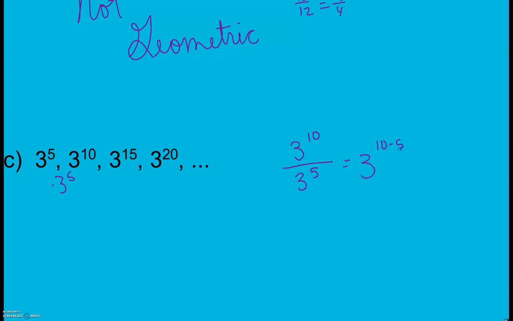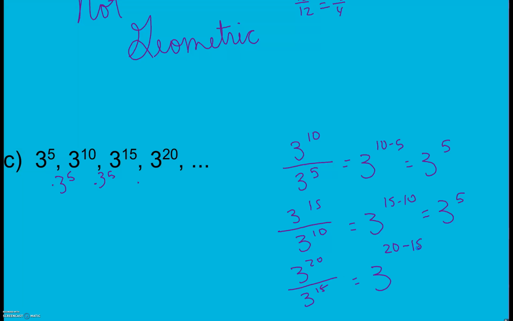I take 10 minus 5 and get 3 to the 5th power. 3 to the 15th over 3 to the 10th, same idea, I keep my base and I subtract my exponents, 3 to the 5th power. 3 to the 20th divided by 3 to the 15th, keep my base, subtract my exponents, I get 3 to the 5th. So each time I multiplied by 3 to the 5th power, which means it is geometric.